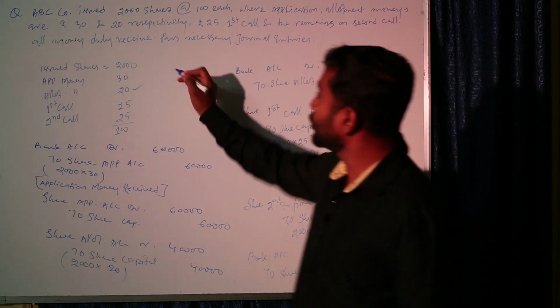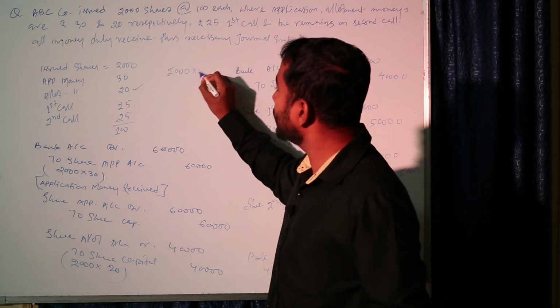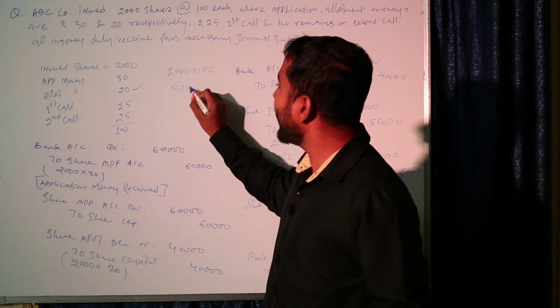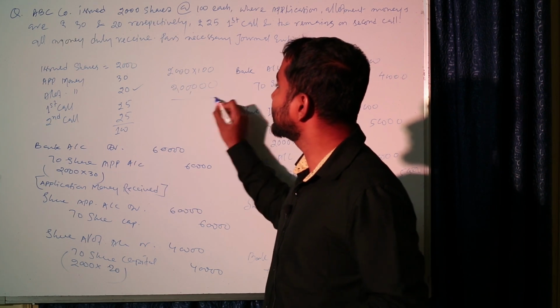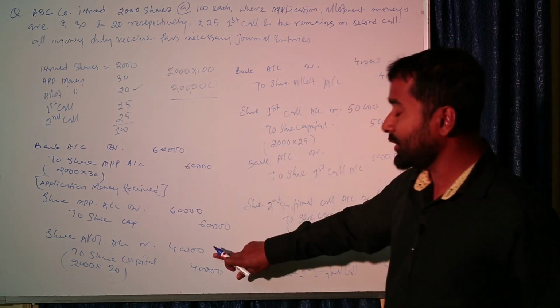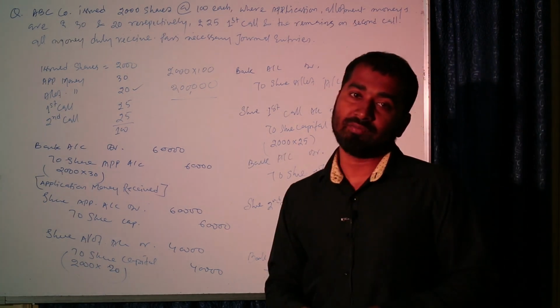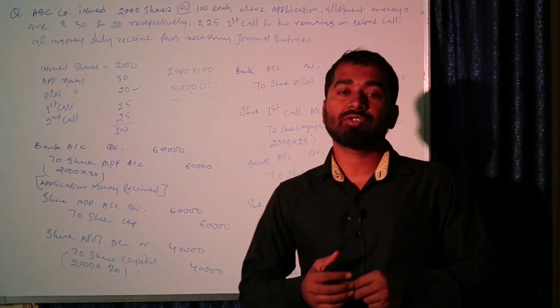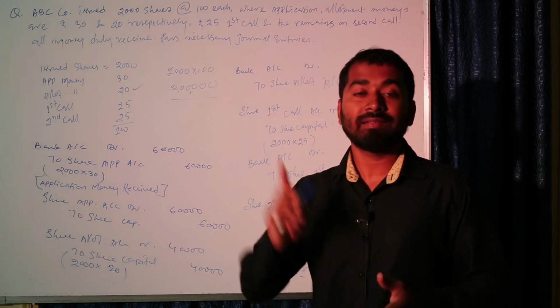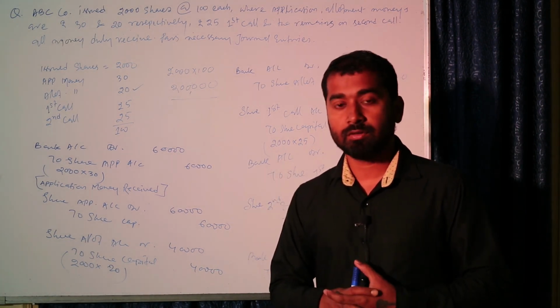Indirectly, that is 2,000 into 100, so 2 lakh rupees you have received. Just check once: 60 and 40 is 1 lakh, 50 and 50 is another 1 lakh, so 2 lakh rupees received. And this 2 lakh only I should transfer to the share capital in the balance sheet. I hope you understood. Thank you.